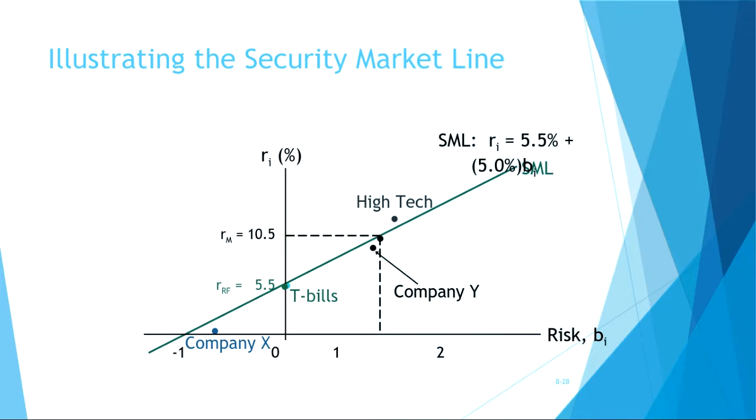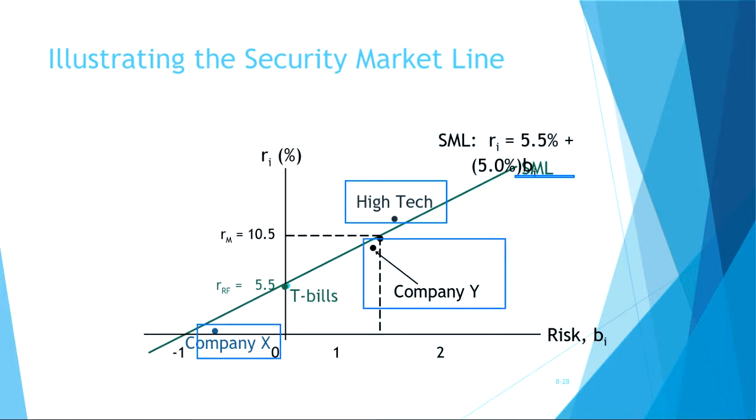When you draw the security market line, some of your stocks are above this line, like high tech, and some of them are below this line, like company X or company Y. If it is above this line, invest, increase those assets in your portfolio.